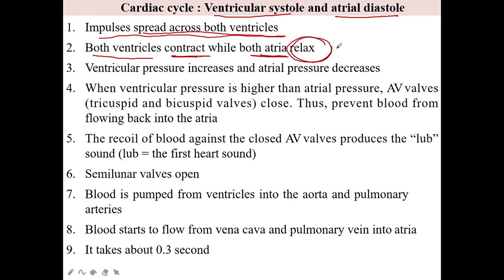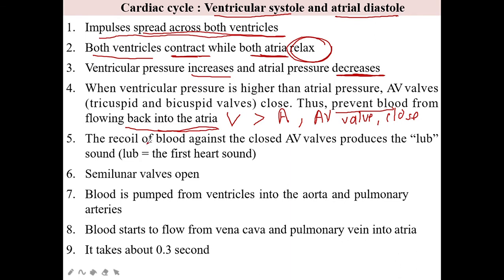Okay, so bila ventricle contract, atria relax, waktu ni ventricle pressure akan increase, atrial pressure akan decrease. Alright, so remember the key. Bila ventricle pressure lebih tinggi daripada atrial pressure, AV valve akan close. AV valve akan close untuk prevent blood from flowing back into the atria.